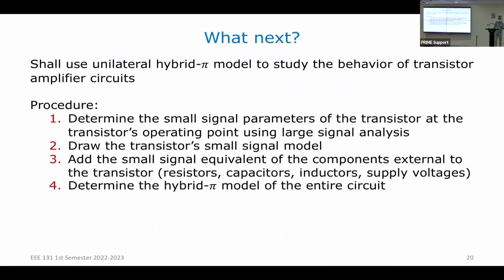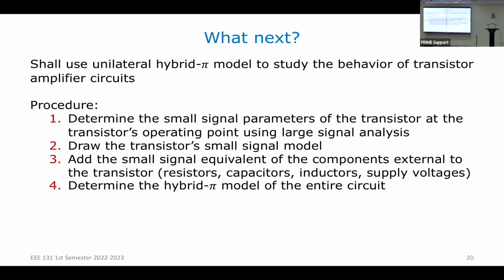Okay, what's next? So we're going to use the unilateral hybrid bimodal to study the behavior of transistor amplifier circuits. That's what we will do. And what is the procedure by which we will do that?